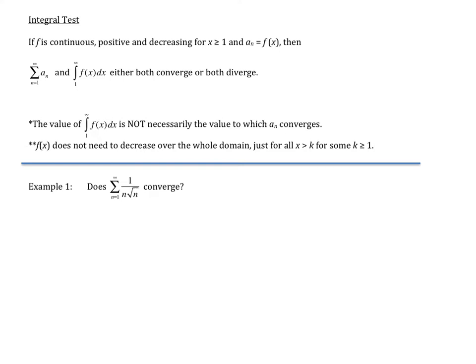So today we're looking at the integral test, and it's another pretty easy test for convergence or divergence of our infinite series. So let's take a look at it.